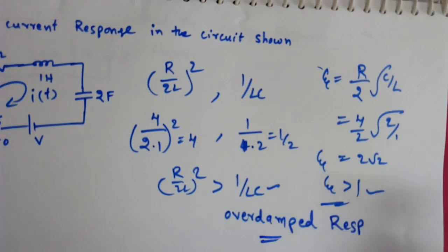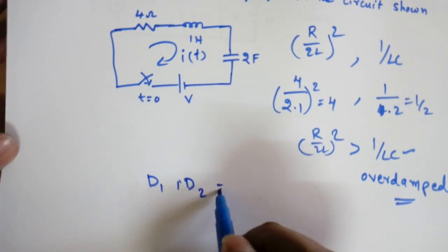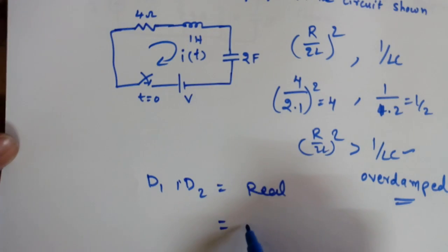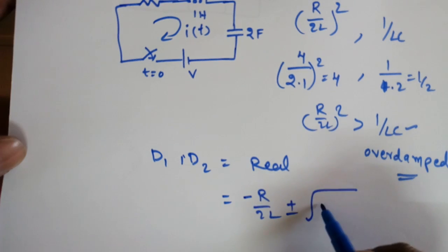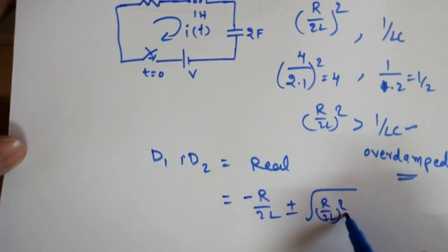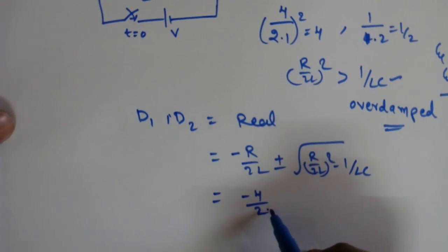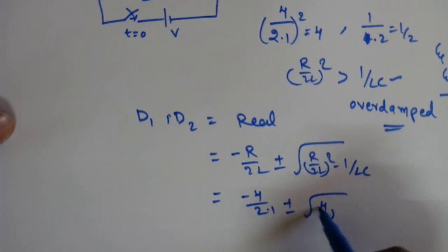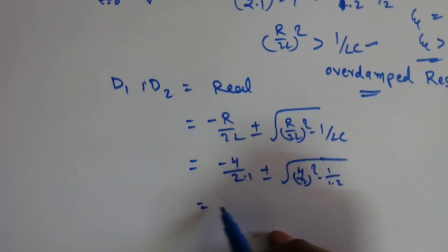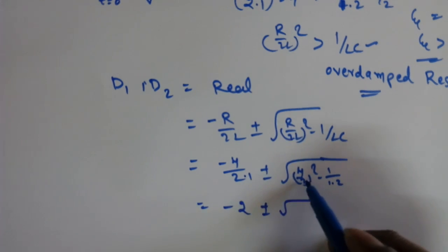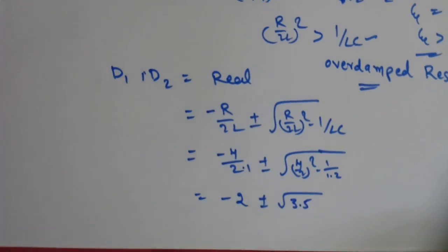That means the roots D1, D2 are real. The roots are minus R by 2L plus or minus root of (R by 2L) whole square minus 1 by LC, which is minus 4 by 2 into 1 plus or minus root of (4 by 2) whole square minus 1 by 2. That is minus 2 plus or minus root of 4 minus 0.5, that is 3.5.